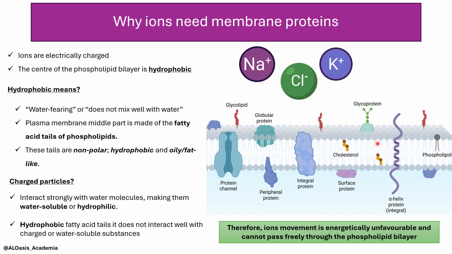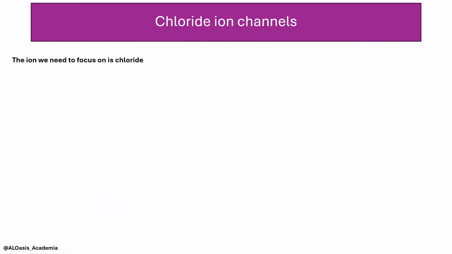So moving freely through the plasma membrane or the phospholipid bilayer is going to be energetically unfavorable, and that's where the role of channel proteins comes in. For these ions to move inside or outside the cell, they need to use these membrane proteins to bypass the rejection of the fatty acid tails that are lining the whole cell membrane.